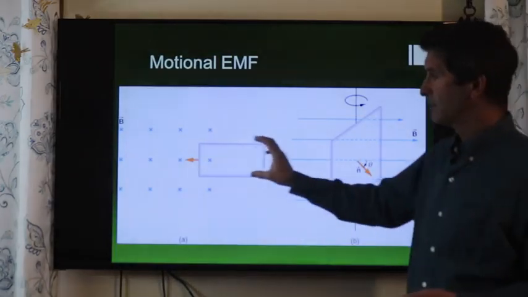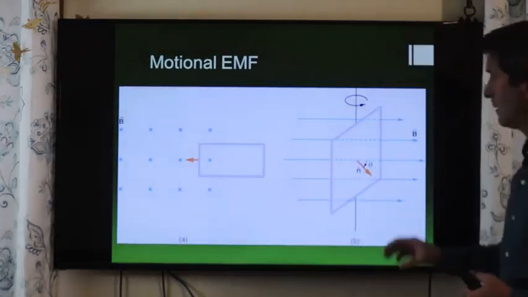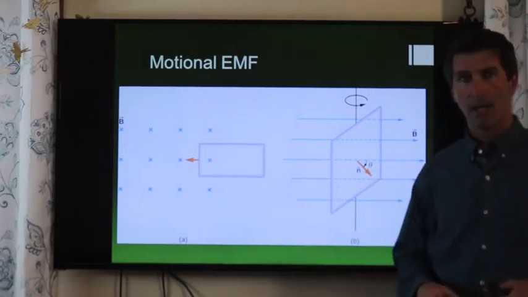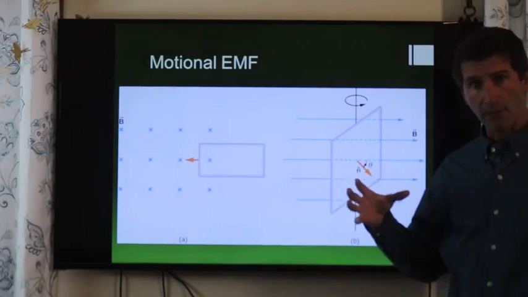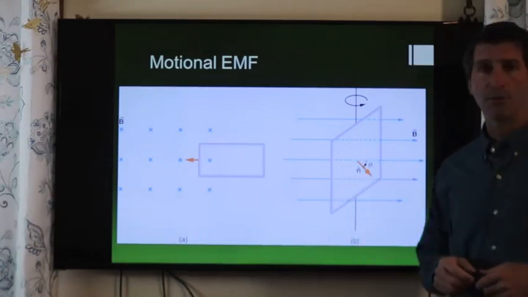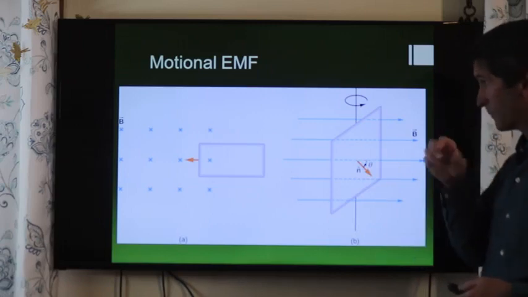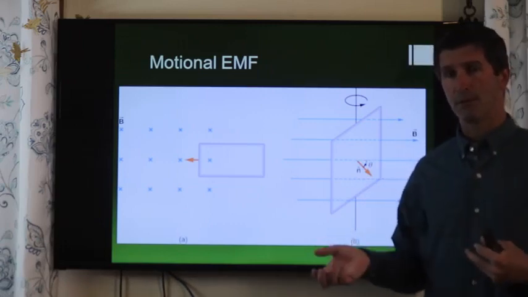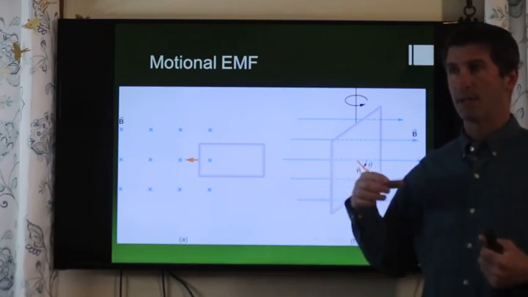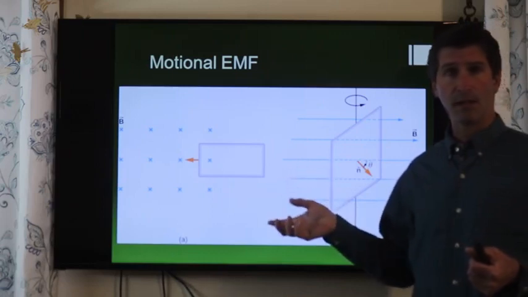Instead of having a loop of current and changing the magnetic flux through that, most generators get that change in magnetic flux not by changing the overall area, but rather by changing the orientation. Remember earlier when we looked at Faraday's law of induction and we used the more specific form, which said that the magnetic flux was equal to BA times cosine theta.